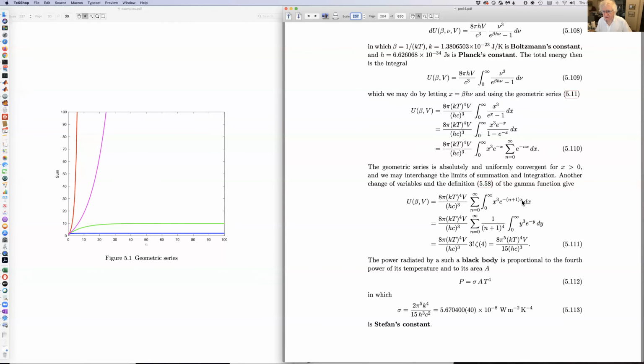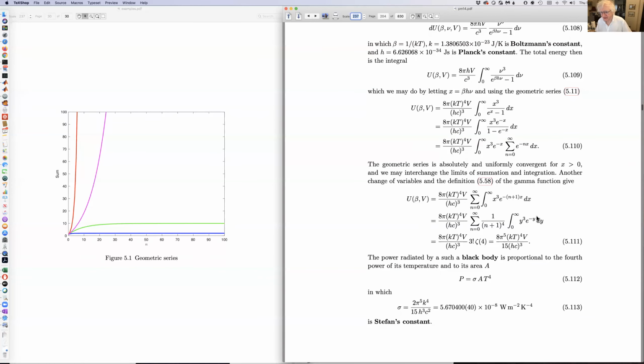And so then you rewrite that as this. You do this integral. Well, that's by definition 3 factorial. But then you've got this expression, 1 over n plus 1 to the 4th, but we're summing from 0 to infinity. So if we sum from 1 to infinity, it's just 1 over n to the 4th, but that's zeta of 4. So we did have the zeta function in here also. I just didn't see it when I flipped past it.